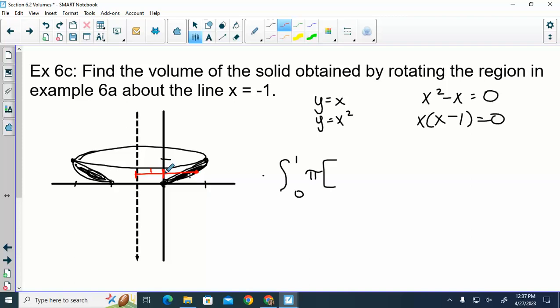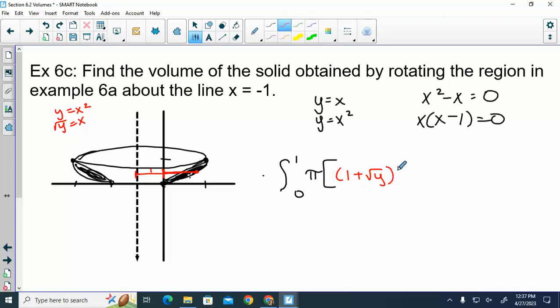That's x squared, right? If I'm doing that in terms of y, then it's the square root of y.